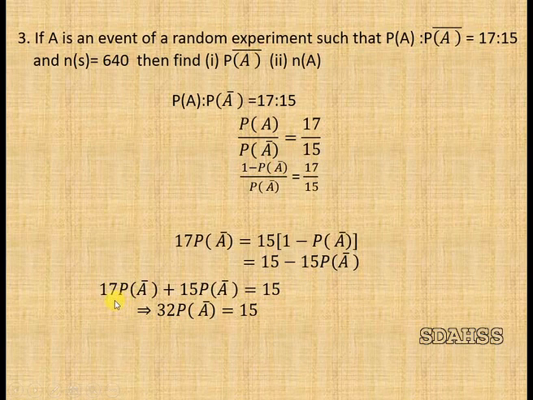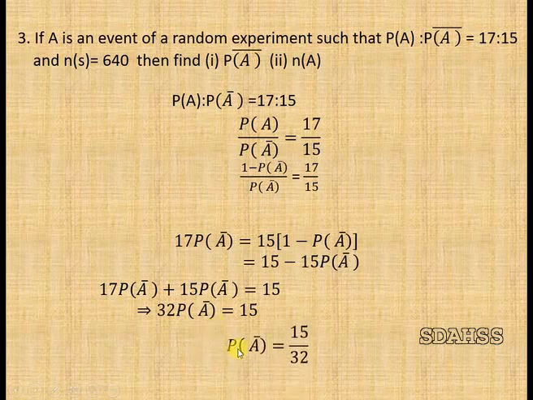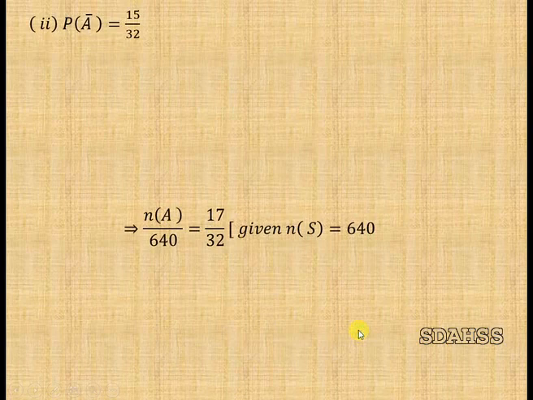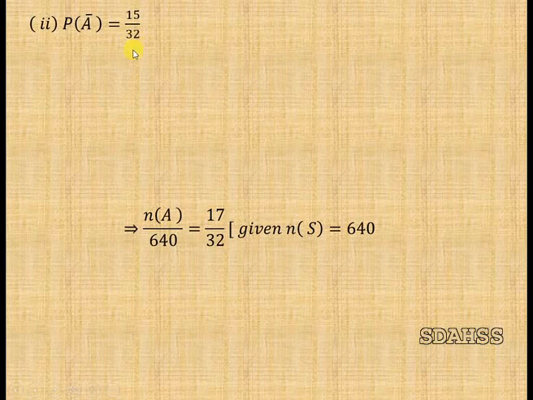So this becomes 17 P of A bar plus 15 P of A bar is equal to 15. If we add 17 plus 15, you will get 32 P of A bar is equal to 15. Then P of A bar is equal to 15 by 32.